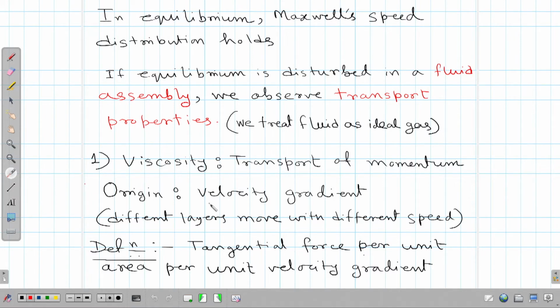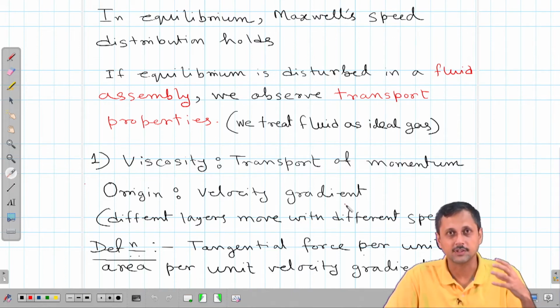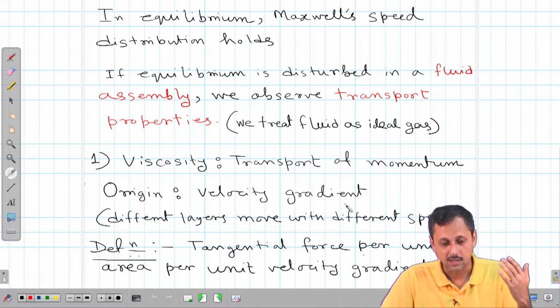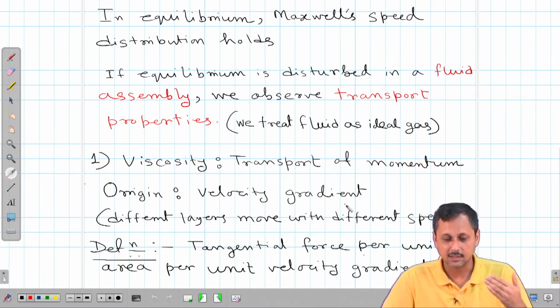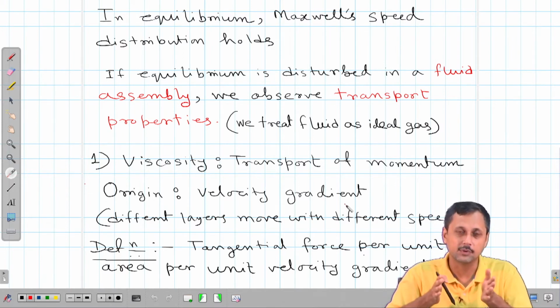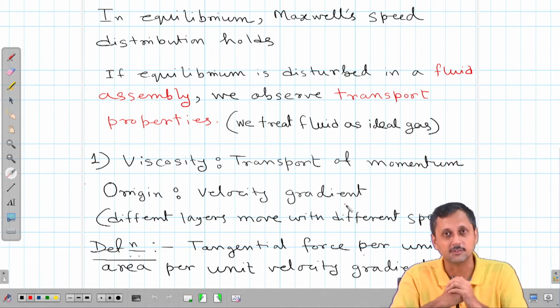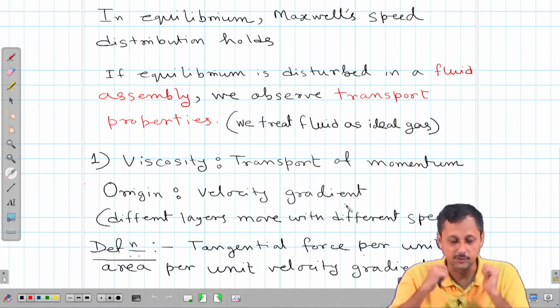For example, whenever there is a velocity gradient, that means the system is not in mechanical equilibrium. Different parts of the system exhibit different average velocity, that means there is a velocity gradient. We can assume as if different layers of the fluid are moving with different speed, and that is when we have viscosity.